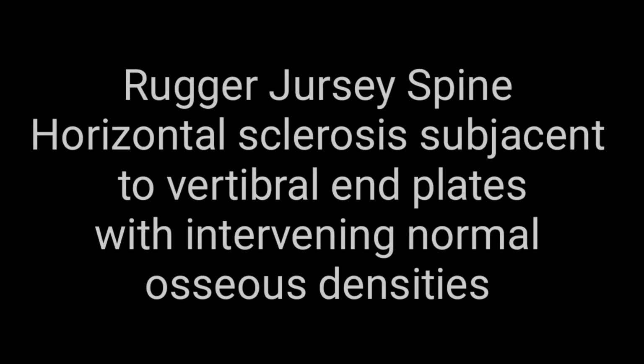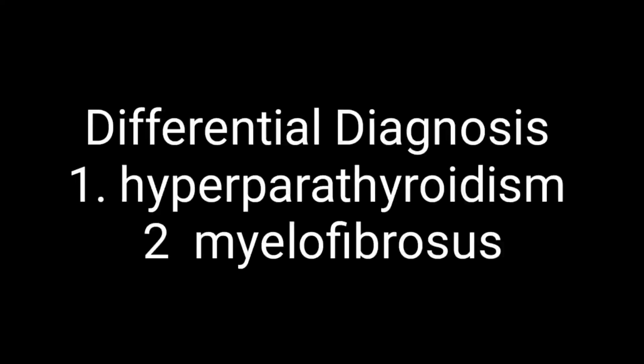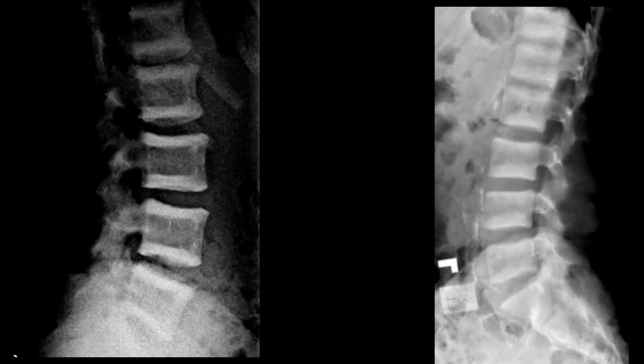Rugger Jersey spine is horizontal sclerosis subjacent to the vertebral end plates with intervening normal osseous density, resembling the stripes on a rugby jersey. You can appreciate the horizontal sclerosis, not vertical sclerosis. Vertical sclerosis gives rise to another particular appearance which I mentioned in the previous images, called the Corduroy appearance, but this is the Rugger Jersey.